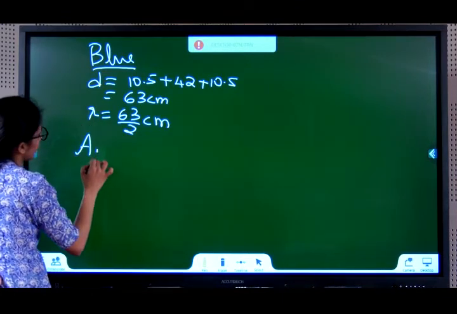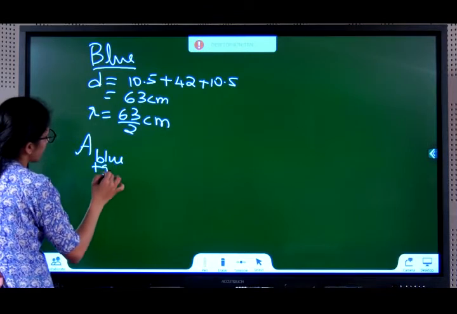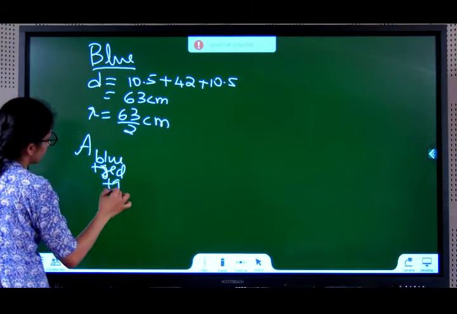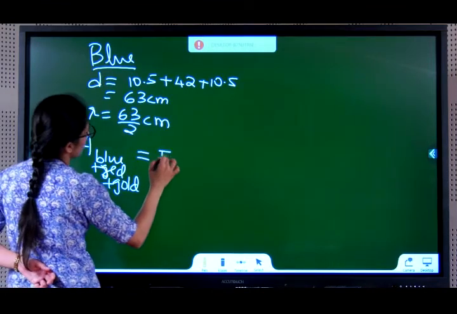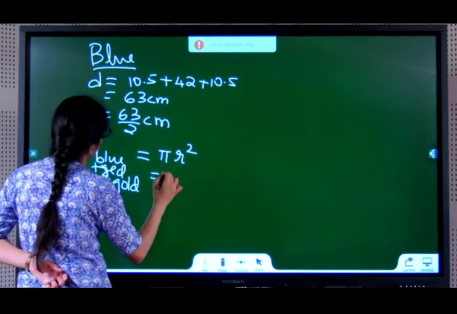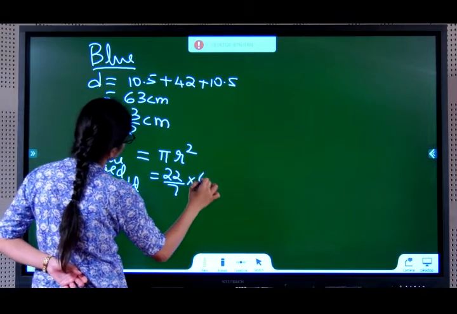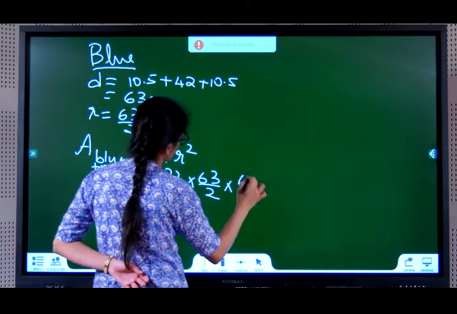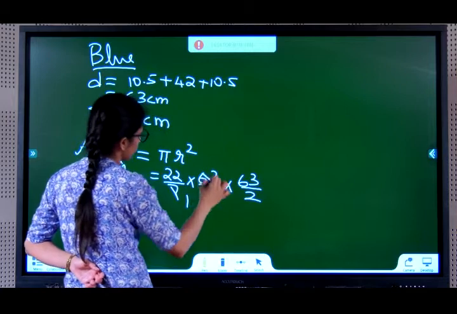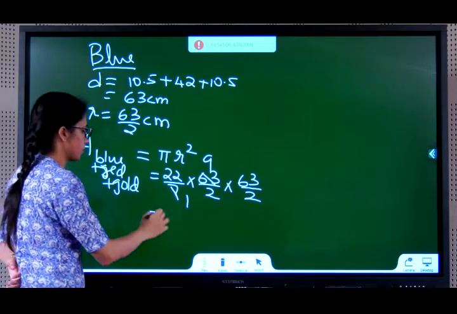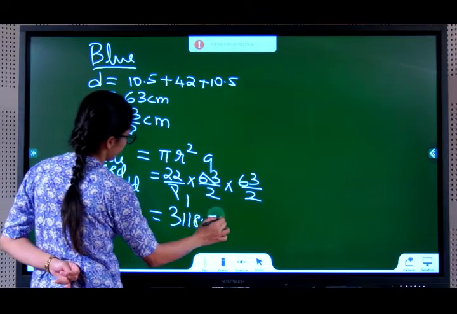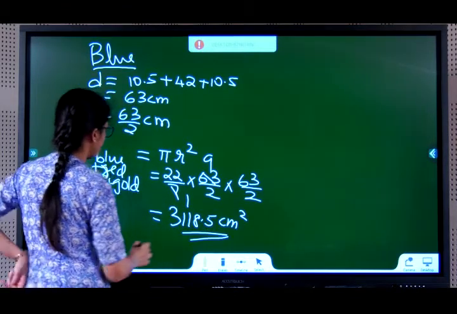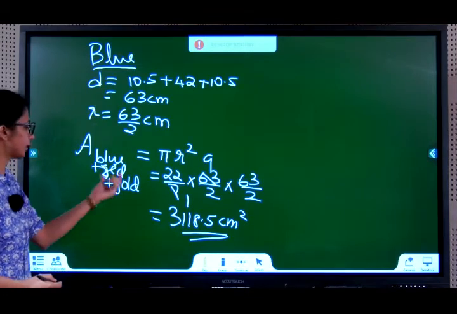Now we get area of blue plus red plus gold, pi r square, 22 by 7 into 63 by 2 into 63 by 2. 7 ones are 7, 7 nines are 63. Solve this. What do we get? We get 3118.5 centimeter square. But I want only area of blue, so I have to remove the red and gold.